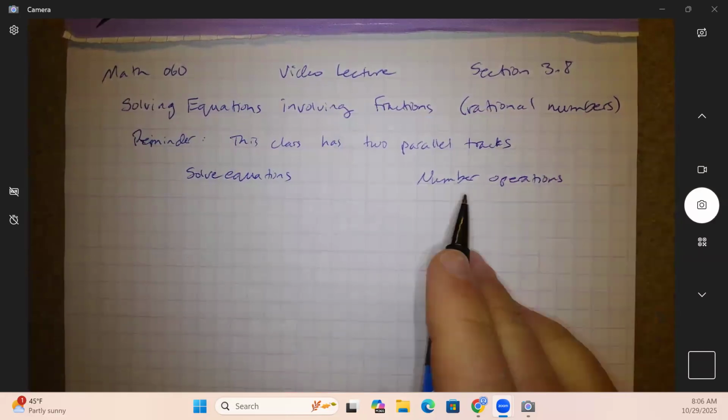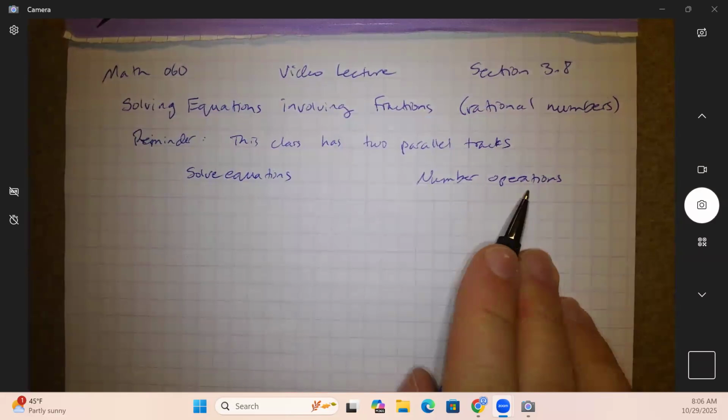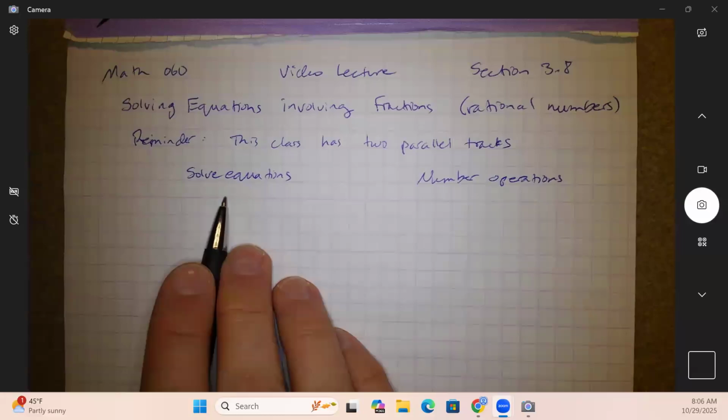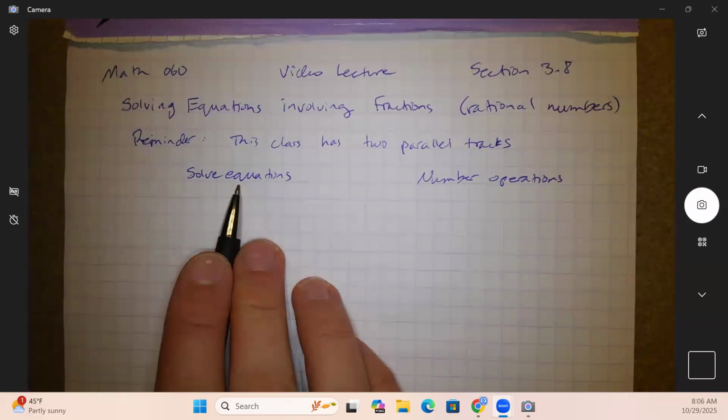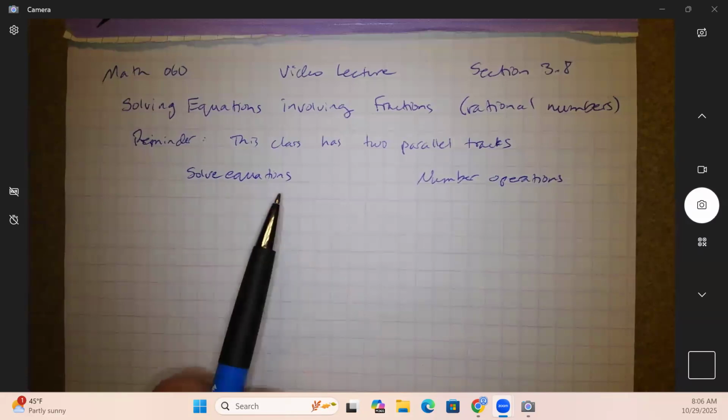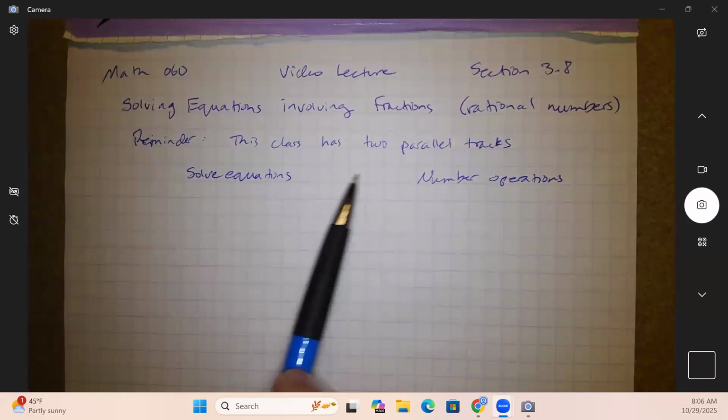And so far, all of chapter 3 has been learning number operations. How do you multiply, divide, add, and subtract fractions? Whereas earlier chapters, there was solving one-step equations or solving two-step equations involving integers. And so this section puts together solving equations with number operations.